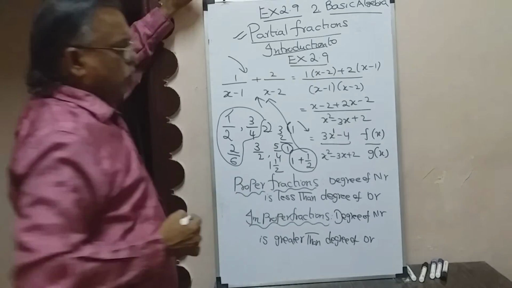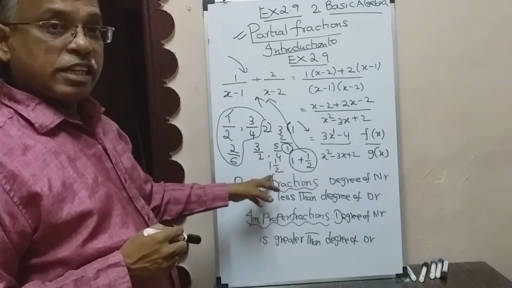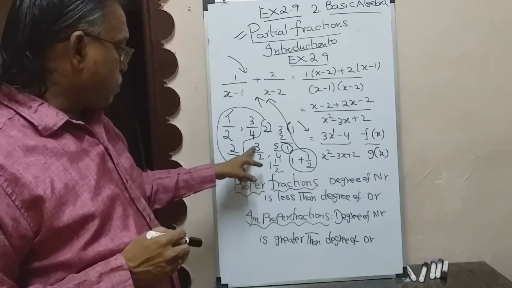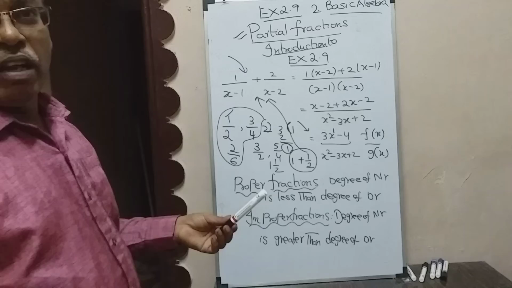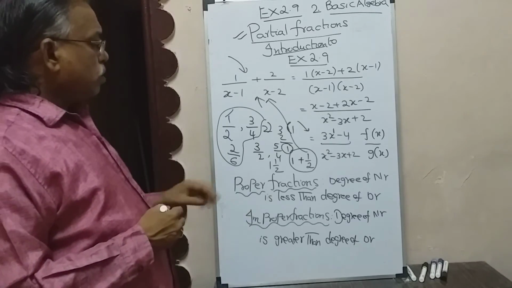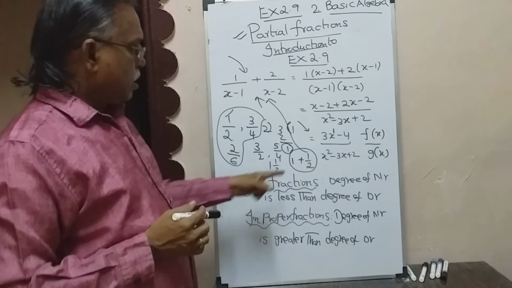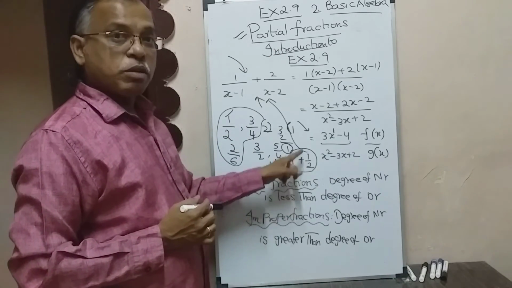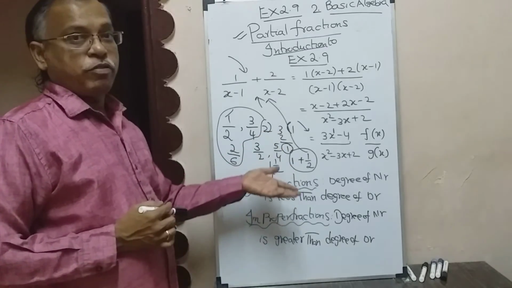So 3 by 2 is an improper fraction, 1 and 1 by 2 is a mixed fraction, and 1 plus 1 by 2 is the partial fraction form. All are the same only. Now here 1 is a separate constant, and you should keep it separate. So again it becomes a proper fraction: 1 by 2, 1 is less than 2, so it is a proper fraction.